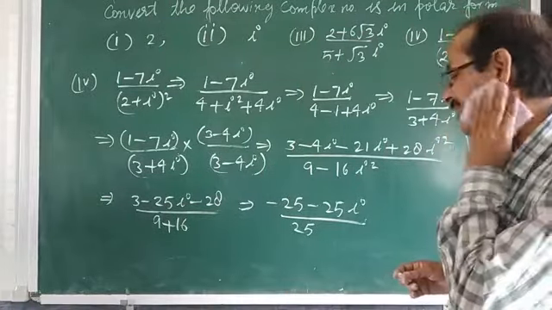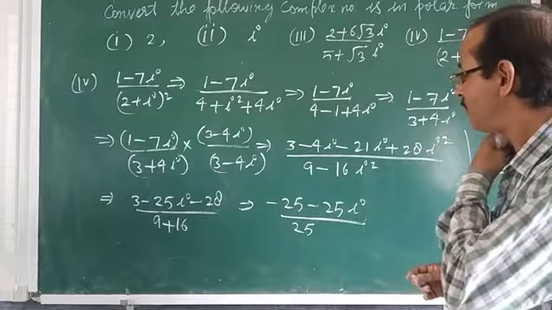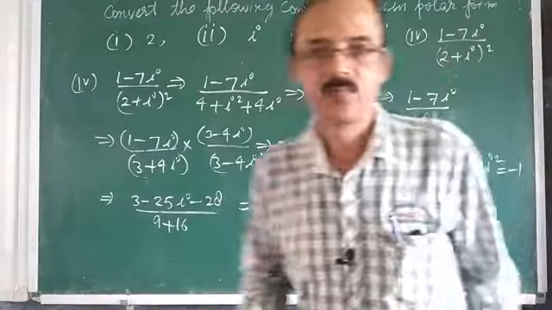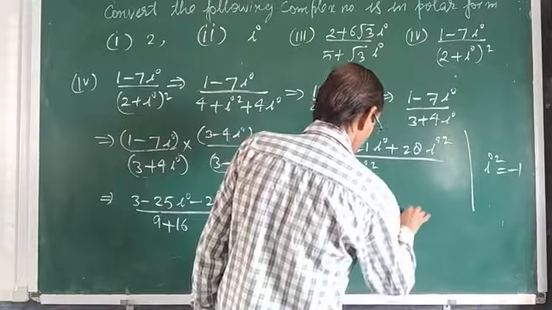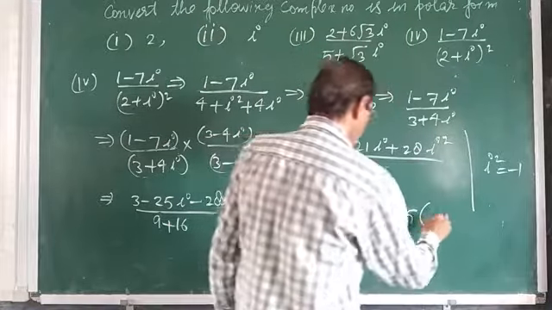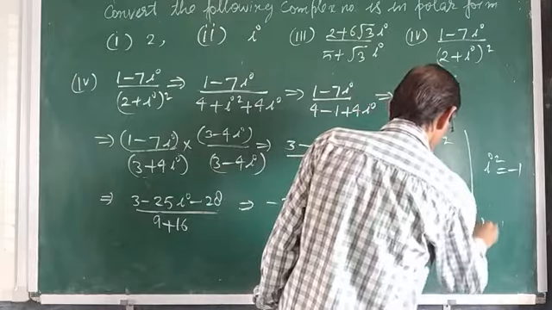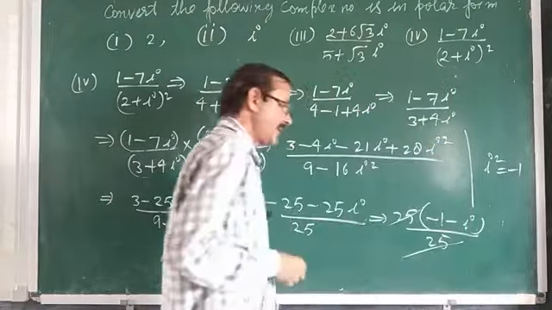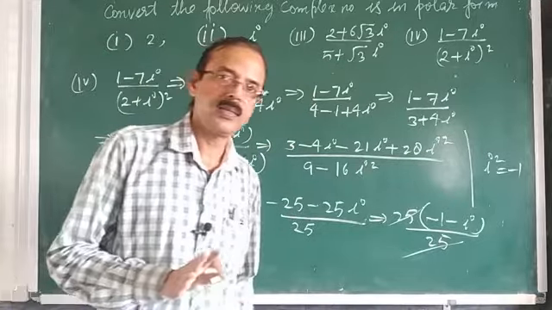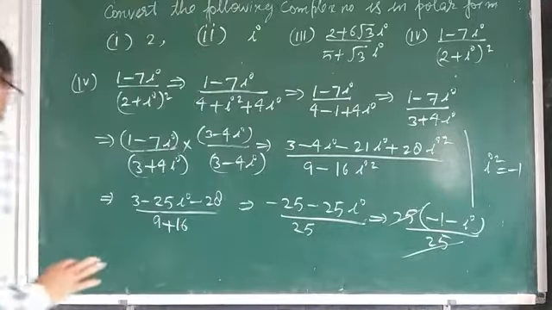See, 25 take the common. From here we take 25 common. That will be equal to 25 taken common, minus 1 minus iota upon 25. This is cancelled. Right?